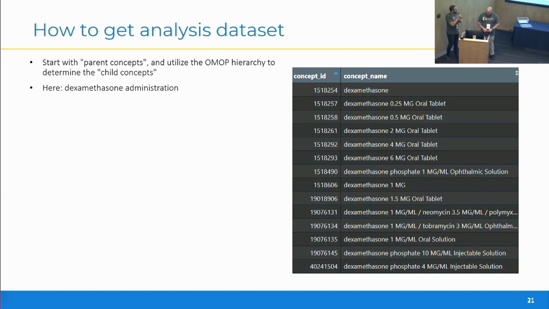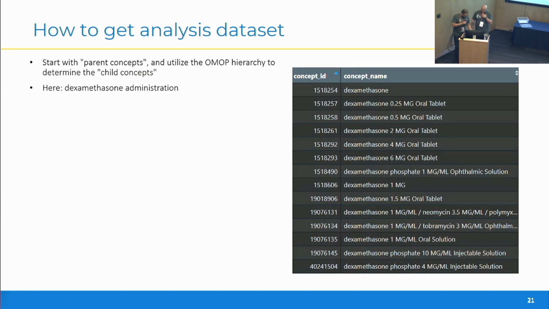So what we wanted to look at in one of our analyses for causal inference was the use of dexamethasone within the inpatient setting. So to be able to find all the different examples of dexamethasone within our data, we would use the parent concept of dexamethasone, which for the OMOP common data model is an ingredient concept, and then using the hierarchy, we could get this full list of all of the different forms of dexamethasone within our data.